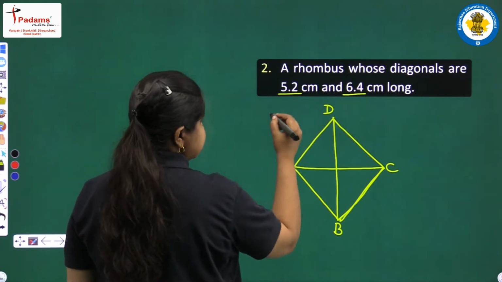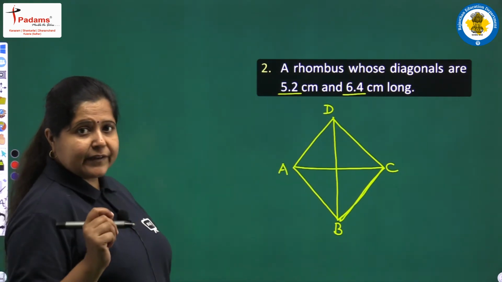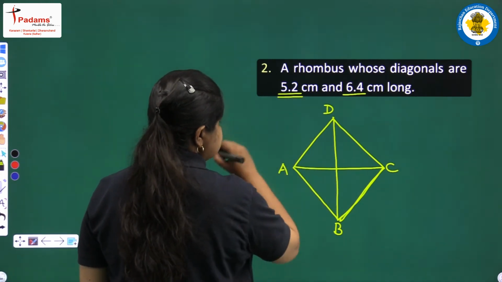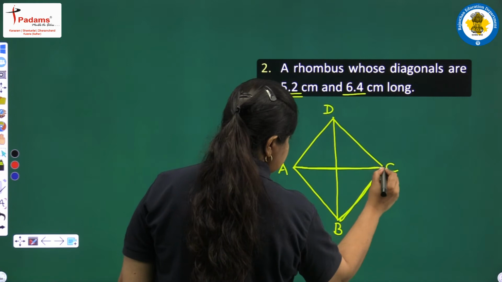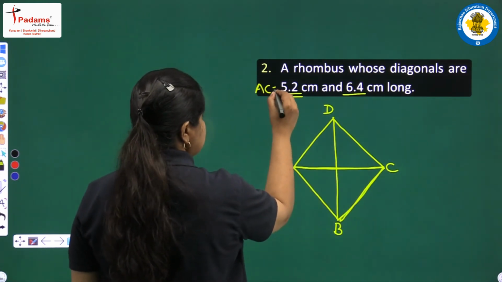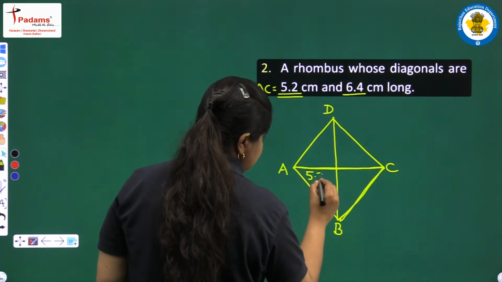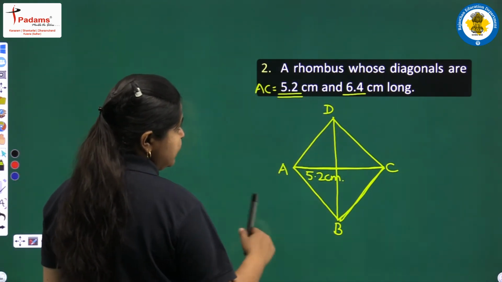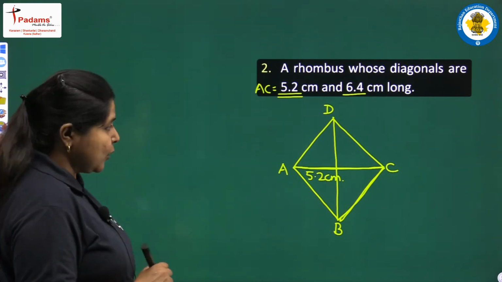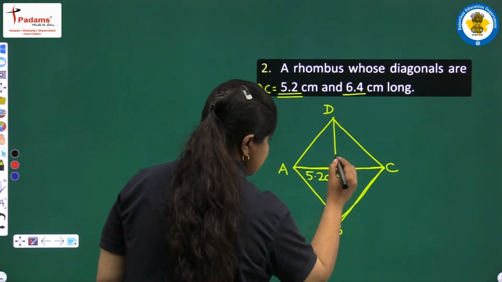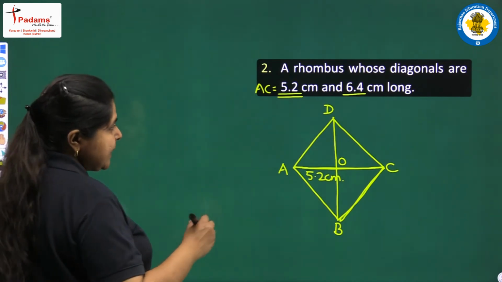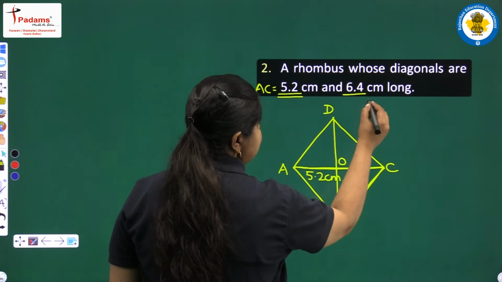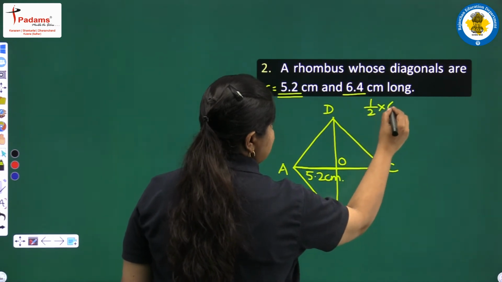The name is not given, so I have given the name on my own, A, B, C, D. Let us take diagonal AC as 5.2 centimeter long. So we take it as 5.2 and take the other diagonal, BD, as 6.4 centimeter long. Let the point of intersection of these two diagonals be O, and we can see here that OD will be half of 6.4.